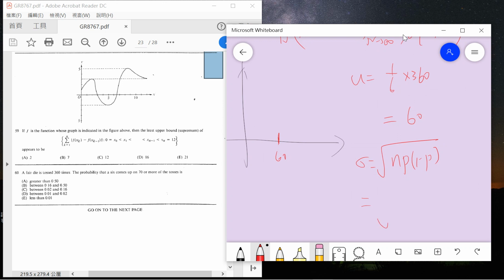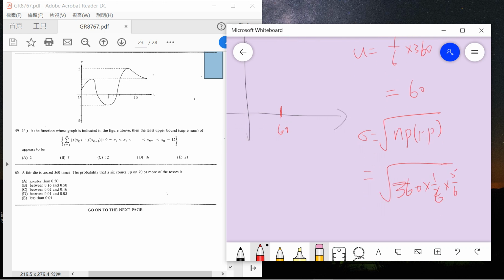Okay, so it's 360 times 1/6 times 5/6. So basically this is 50, so the standard deviation is nearly 7. So 60 minus 7 and 60 plus 7, this is 53 and 67, on the Gaussian variable, and this is 70.